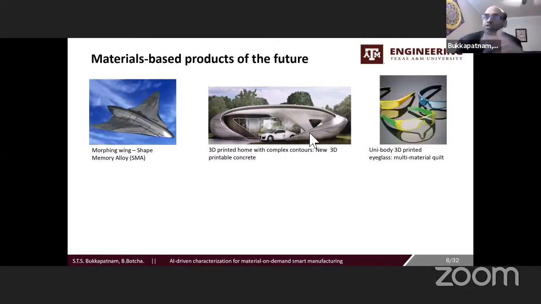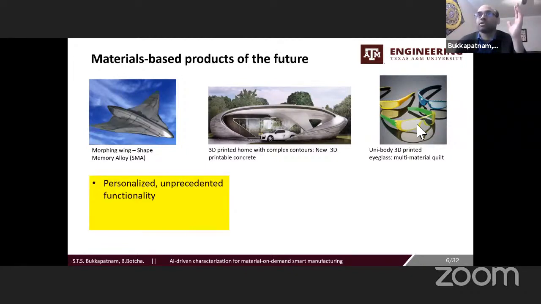And even at the consumer level, you can actually create integral components, integral custom components. Like you go to your doctor or optician, you get your specifications, and as soon as that's done, it will be digitally printed. Again, a single piece, but different materials put together. So the whole idea that's getting transformed is you're actually designing the material to go with the specification. And it's highly personalized, and you can enhance the functionality like you have not seen before.